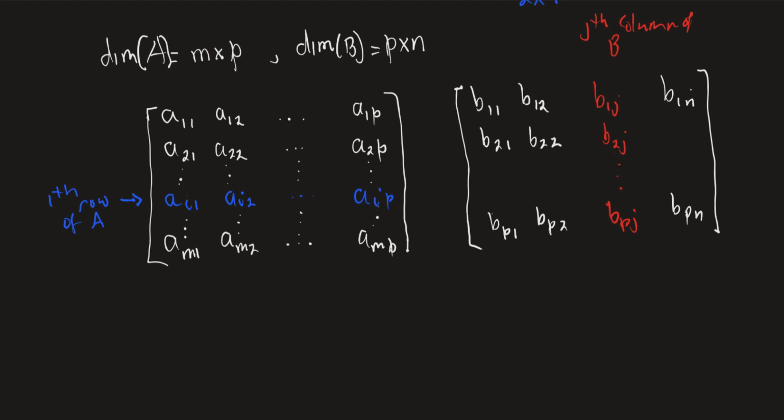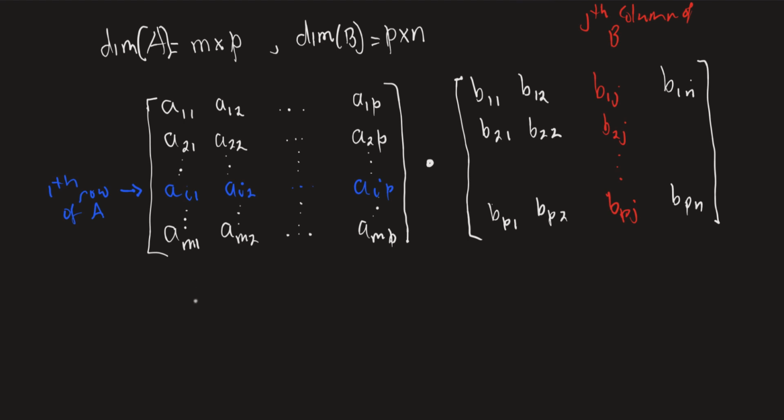So let's write down what the product would be. When we multiply these, we're going to get a matrix of a particular size, and I'll tell you what the size is in a second. But equally important is how do we fill it out? So I'll put a little equal sign.